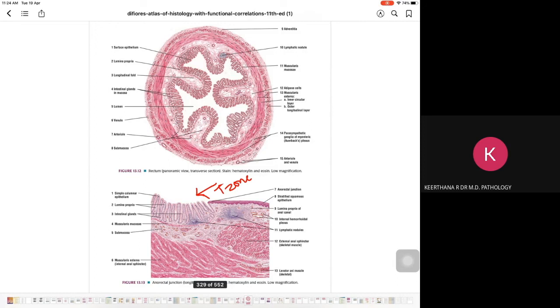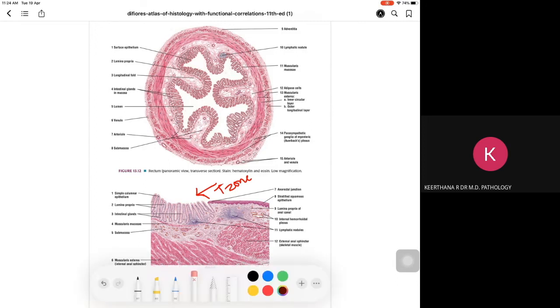Inking of the surface is very, very important because, as in the esophagus, the retroperitoneal part of the rectum may not have the mesothelial cells. So inking of the surface of the rectum is very, very important because when you take a section like this and for example there is a tumor, the clinician may want to know whether it has reached the margin or not.